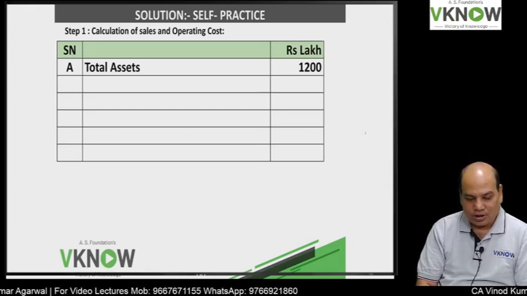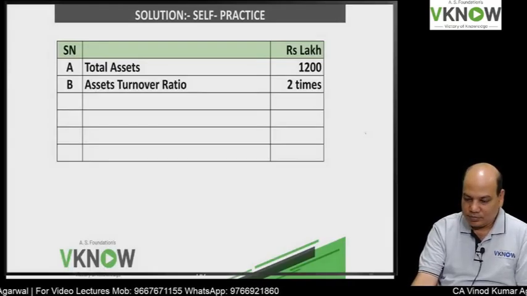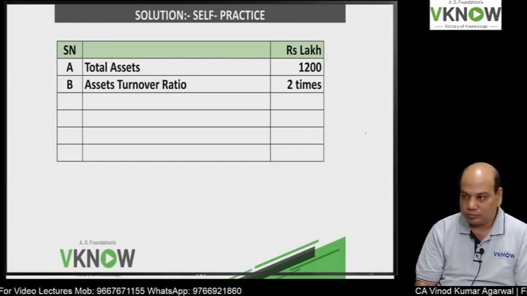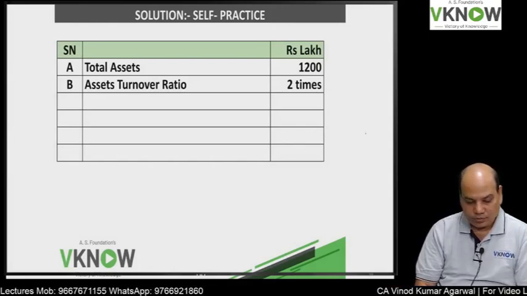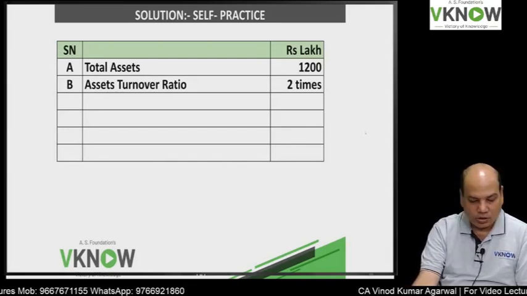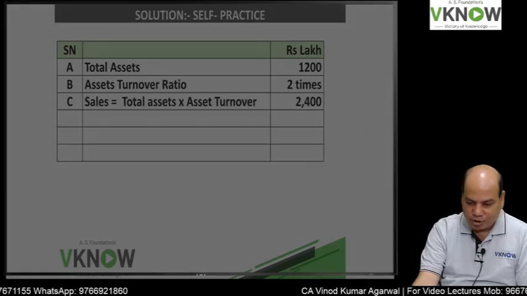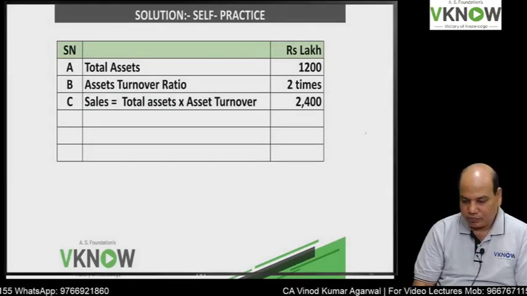Point A, total asset 1200. Point B, asset turnover ratio 2 times. Point C, write down sales.